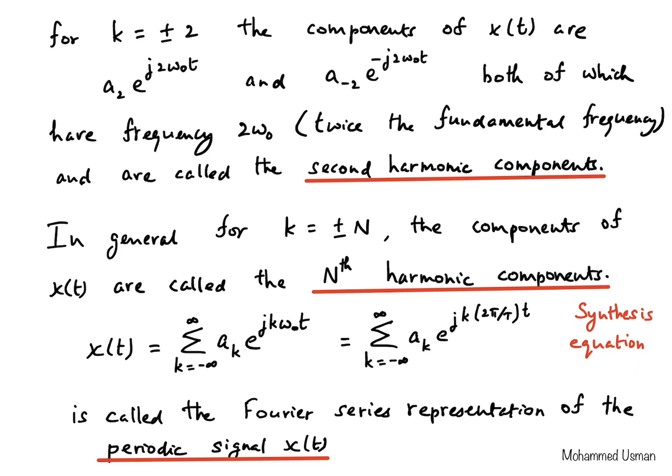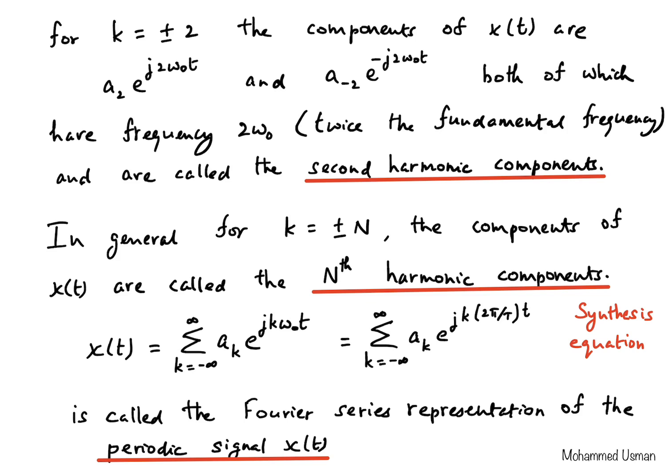Okay, we'll stop here for today, and in the next lecture we will continue with more details. We'll start from this equation, and we will also talk about some examples where we'll illustrate how adding up these individual components synthesizes the desired signal that we are interested in.